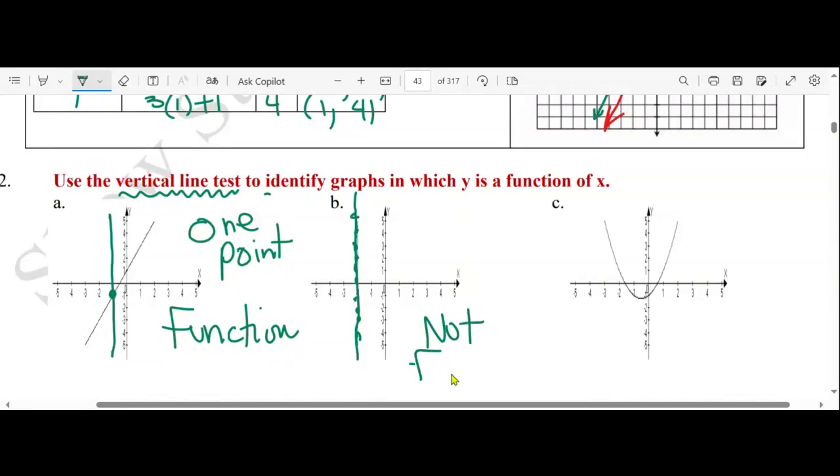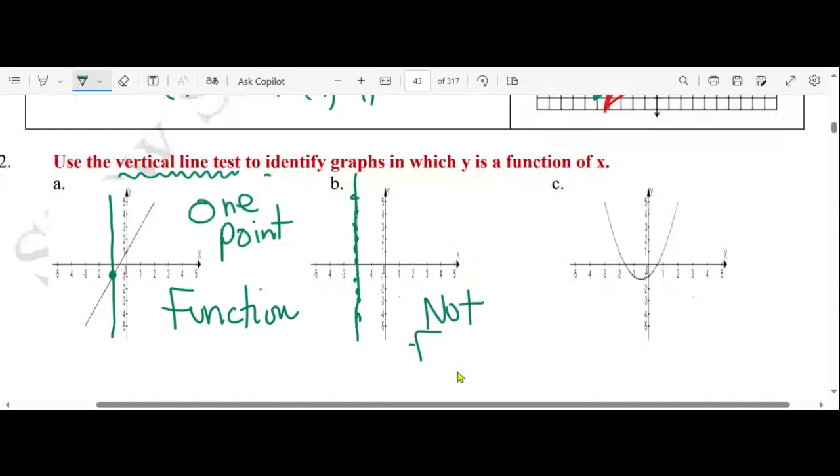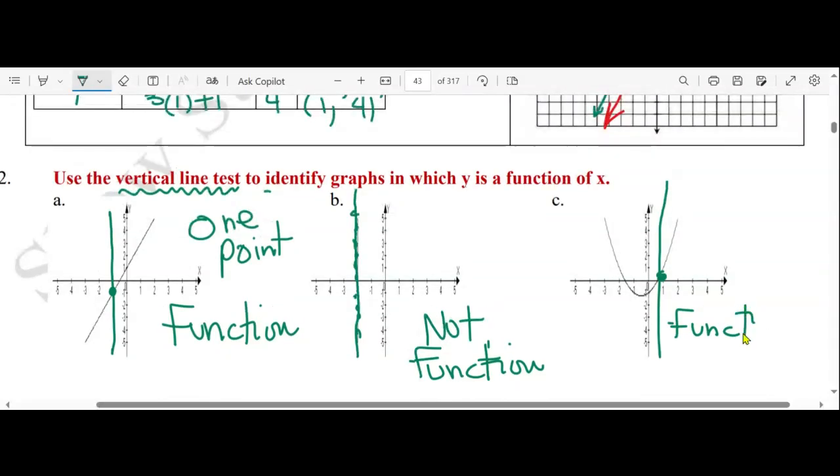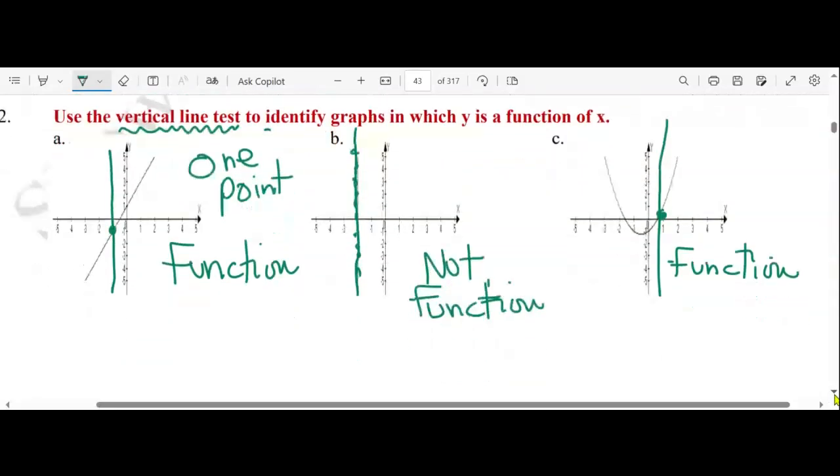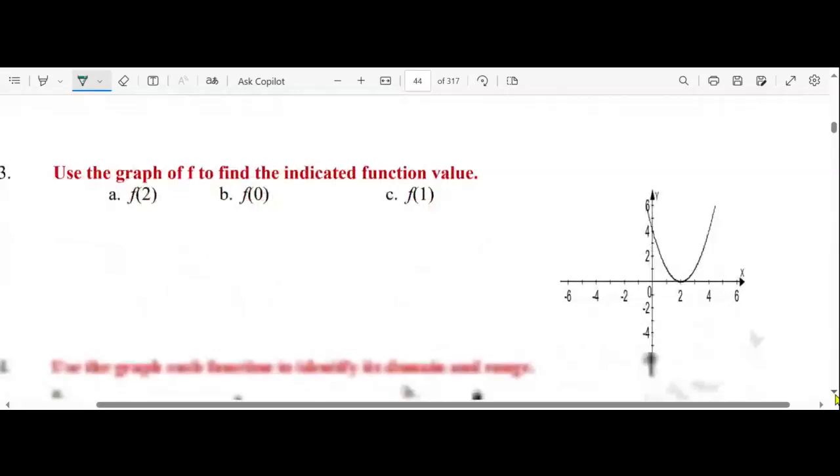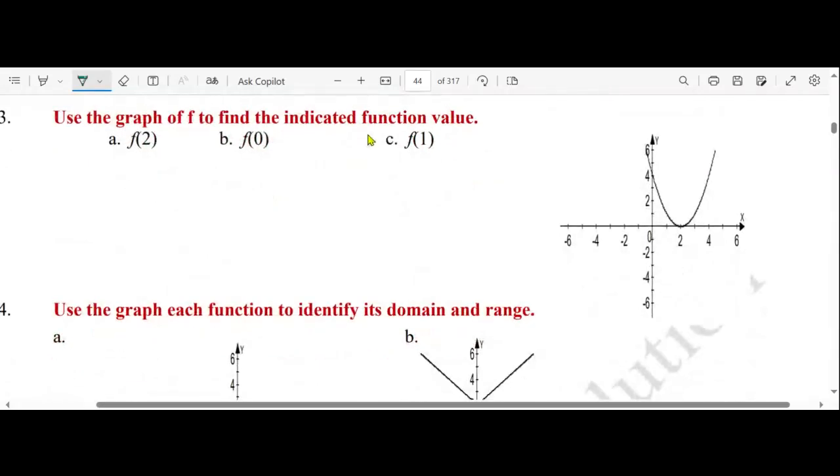Not function. What about here? Function or not function? Yes, it's a function. Is this clear? Any questions?